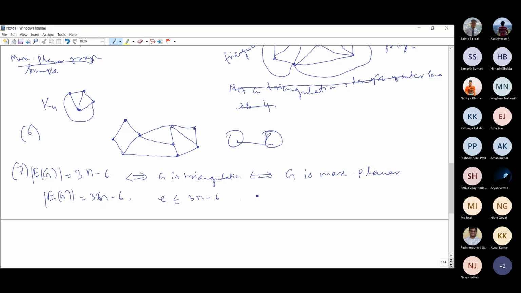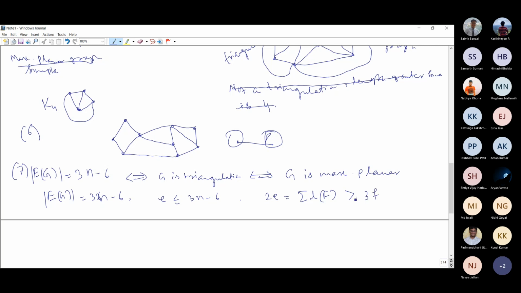Just remember that we were looking into the length of every face being at least 3. The length of every face is greater than or equal to 3. You know that twice E is equal to the sum of lengths of all the faces. And when the length of all the faces is greater than or equal to 3, we get this is greater than or equal to 3f.